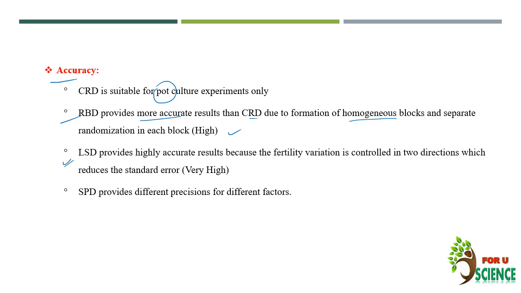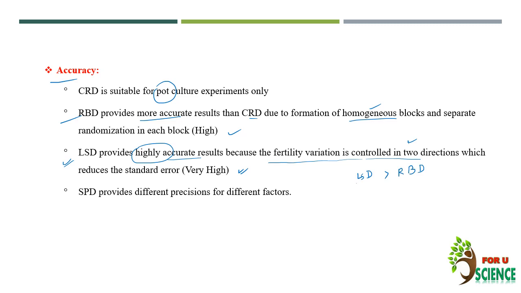But in case of LSD, we see the highest accuracy because fertility variation is controlled in both ways, row and column. In RBD it is controlled only blockwise, and here there are two, row and column wise. So the accuracy will be most in LSD, more accurate than RBD.